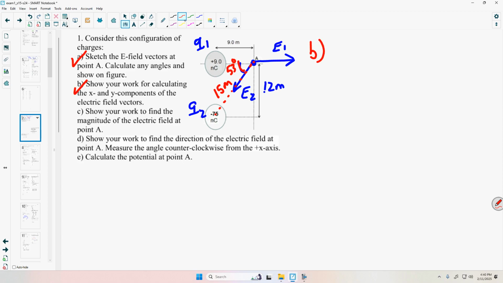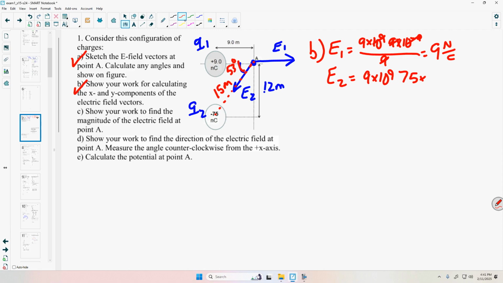So for part B, I first have to calculate E1 and E2. E1 is 9 times 10 to the 9th times Q, which is 9 times 10 to the minus 9, divided by 9. So that gives me, cancel, 9 newtons per coulomb. And then E2 is 9 times 10 to the ninth times 75 times 10 to the minus 9 divided by 15.